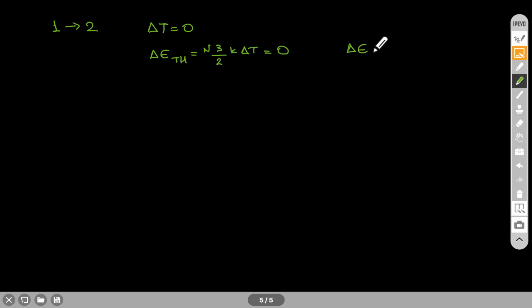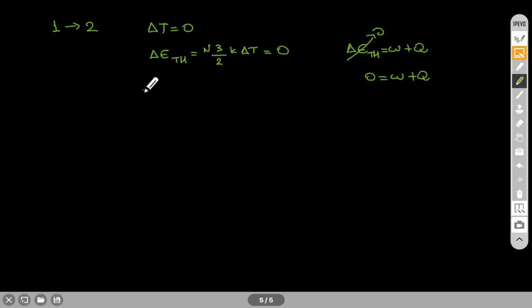Remember from energy conservation, we have this. Since I found delta E thermal is 0, this means that 0 equals W plus Q. I will come back to this.